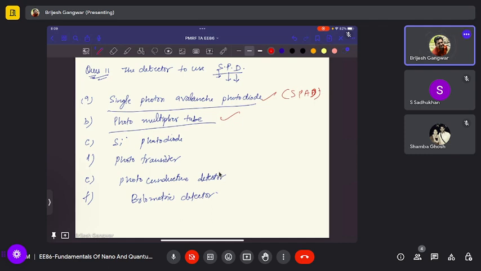Its sensitivity is much higher than a normal avalanche diode.